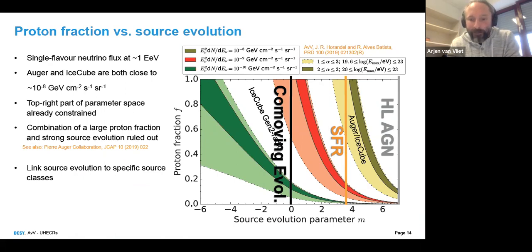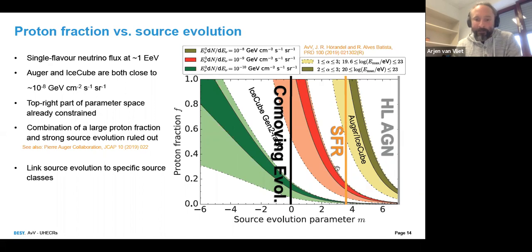They have a really strong source evolution with redshift. So with the current limits, they are already strongly constrained, at least the proton fraction that comes from them. And this means that later on with future neutrino detectors, we can detect even very small proton fractions coming from sources like that.